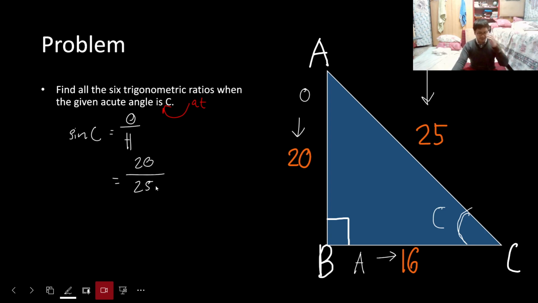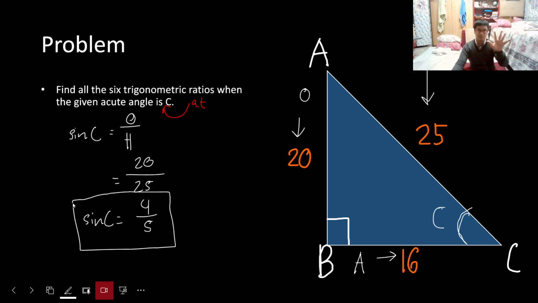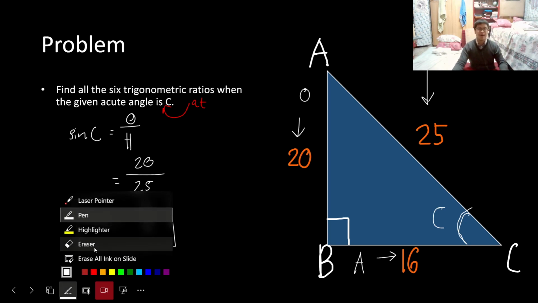We can simplify this fraction because 20 and 25 are both divisible by 5. 20 divided by 5 is 4, and 25 divided by 5 is 5. Since this is simplified, we can leave this as our answer. So, 1 down, 5 to go. Sine of C is equal to 4 all over 5.